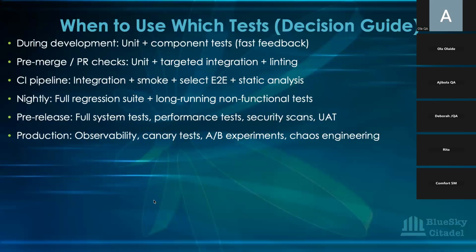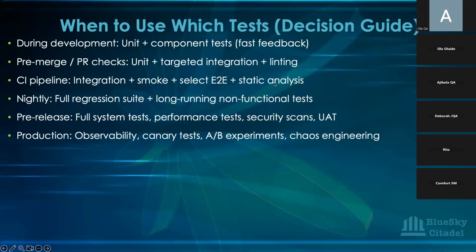Another one is going to be the CI/CD pipeline. Once our code has moved to the pipeline, which is our GitHub or Azure test environment, we are going to be doing integration testing more. We'll be doing smoke testing. We want to test critical functionalities, right? And selected E2E testing with static analysis.